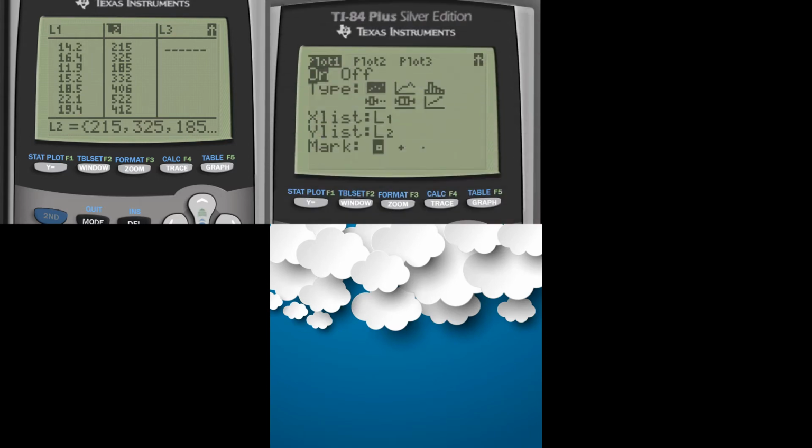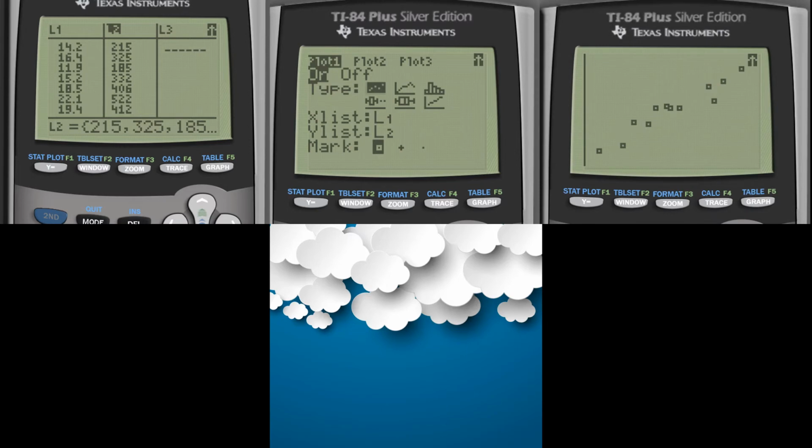Entering this and selecting stat plot, let us select the appropriate icon here. The first type is our scatter plot. By graphing it, by just pressing zoom 9, we get the scatter plot like this.